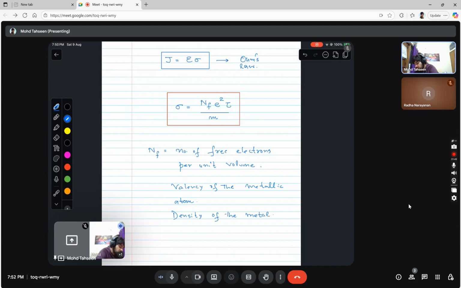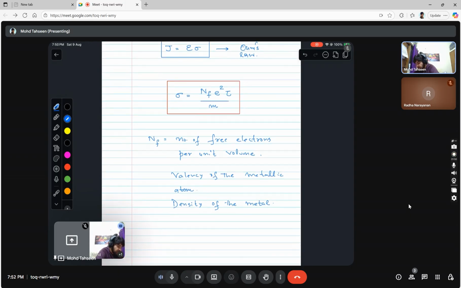If we know these two things, we can compute this value. So if we are given a particular element, we can compute what n_f is for a particular metal. And e is the charge on electron, which we already know. e is the charge on electron, which is 1.6 times 10 to the minus 19 coulombs.